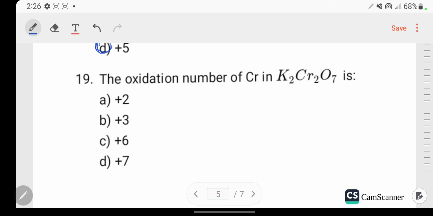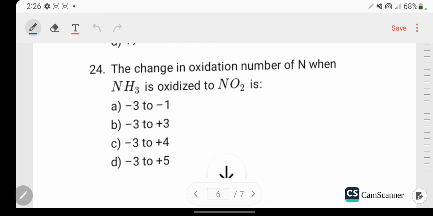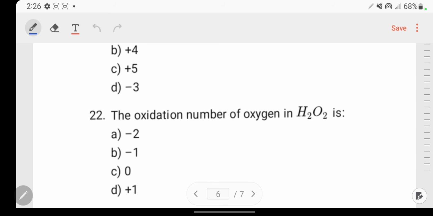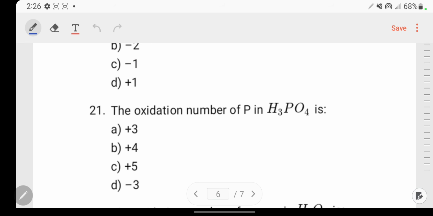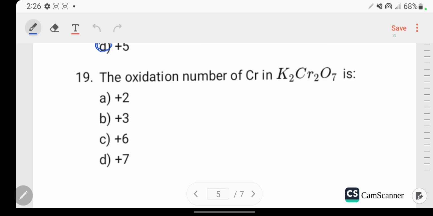The oxidation number of chromium in potassium dichromate is. So what do we have here?